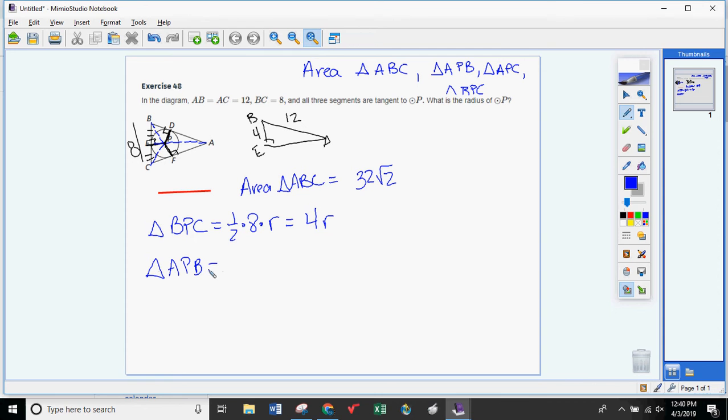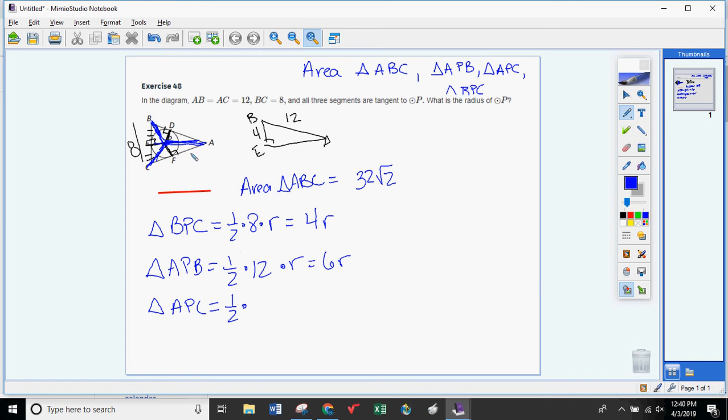Triangle APB, we're looking at this little one right here, is 1/2 times 12, because the base is AB, times R. And then triangle APC is the same because AC and AB are congruent, which means this is an isosceles triangle and the angles are bisected, so they're congruent. And they share a side.